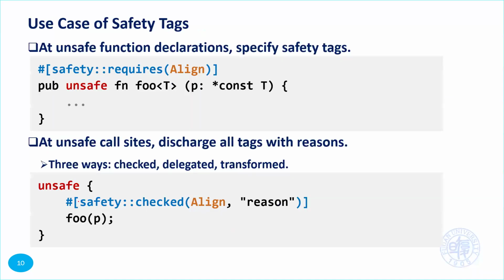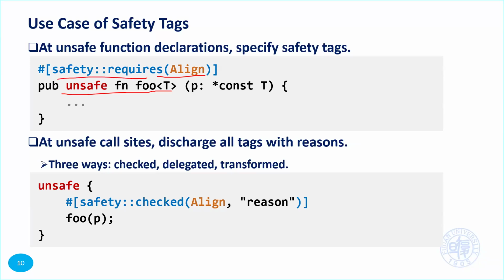Let's use one case to demonstrate how to use safety tags. For unsafe function declarations, instead of using a safety comment directly, here we provide the safety tag like align, which is an abbreviation of the alignment requirement.